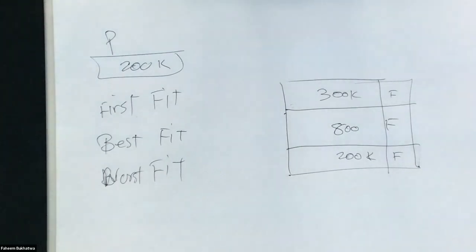It has another problem. The first fit is not really the best, but it has an advantage. Anybody knows what's the advantage of the first fit over those two? You don't have to search the full table, because searching the full table can delay the allocation process.